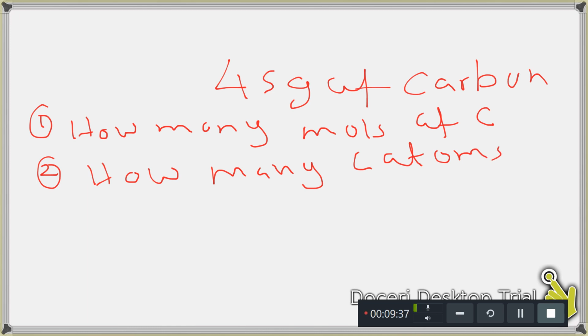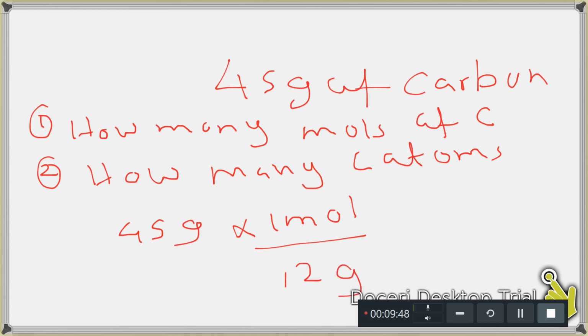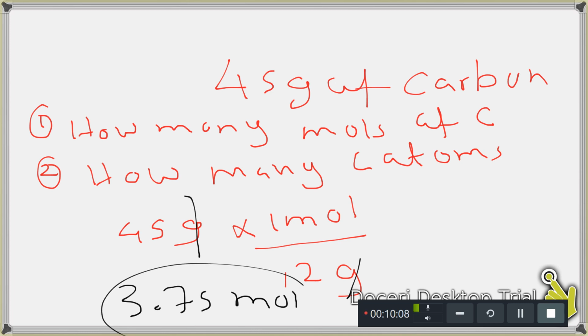So how many carbon moles? I take the mass, which is 45 grams. I know 1 mole of carbon is 12 grams. So I do the math here. Grams cancel out. 45 divided by 12, I get 3.75 moles. So that is my moles.